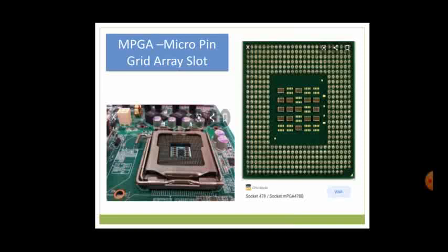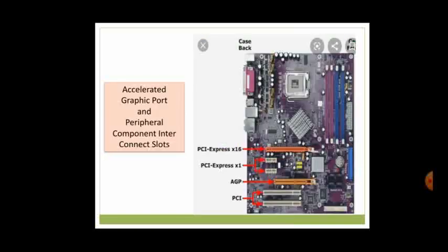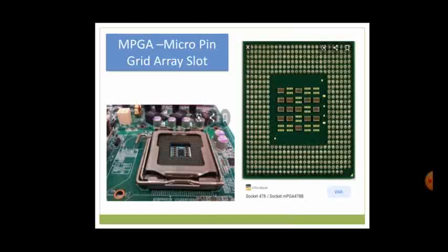So here you can see this is the slot that is used to fix the processor, nothing but we can keep the processor on this slot. So this slot will hold the processor. So you can see very micro pins are there, so that's why the name micro pin grid array.